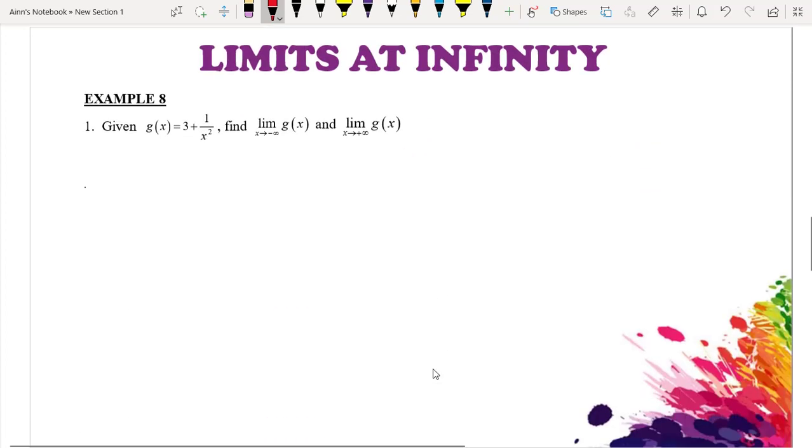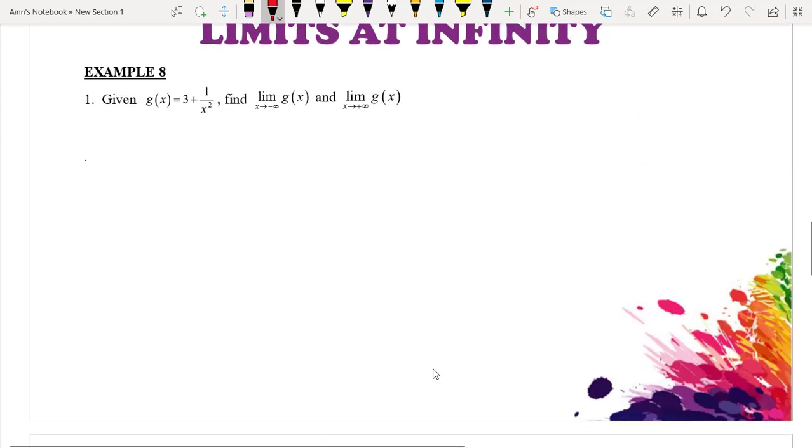Now, let's see example 8. Given g(x) equals 3 plus 1 over x squared, find the limit of g(x) when x approaches positive and negative infinity. Our g(x) is 3 plus 1 over x squared when x approaches positive infinity.